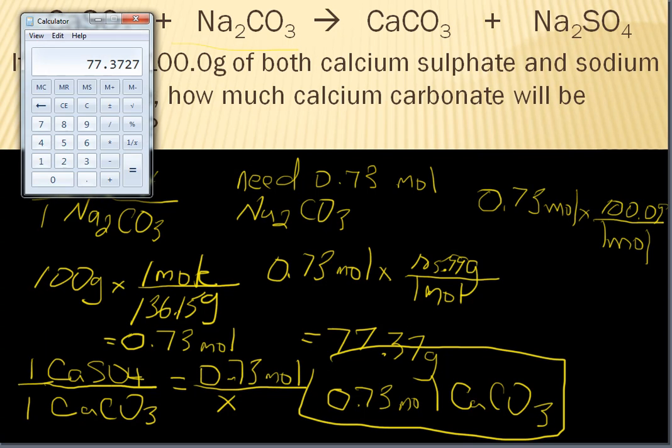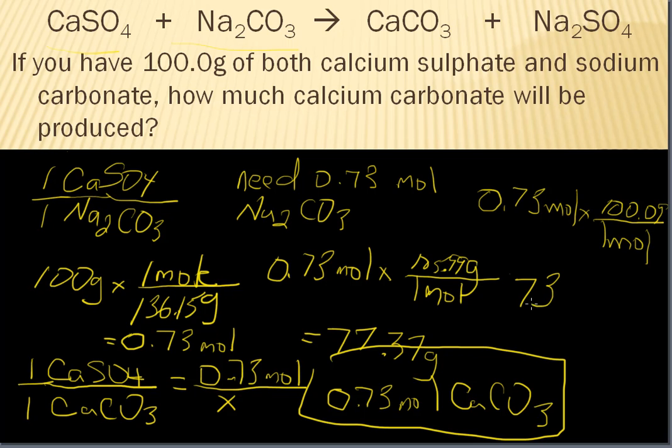Again, we whip up our calculator here. 0.73 moles times 100.09 grams per mole. And we find out we would make 73.06 grams of calcium carbonate.